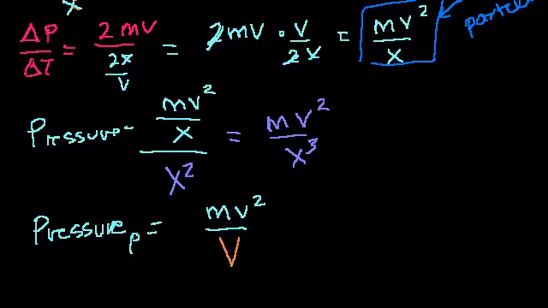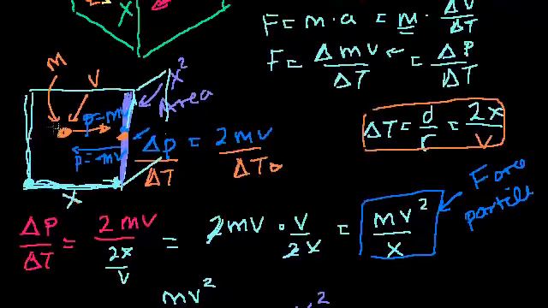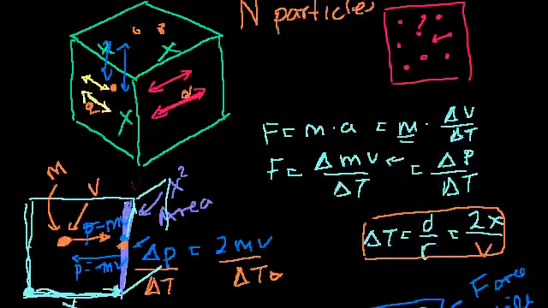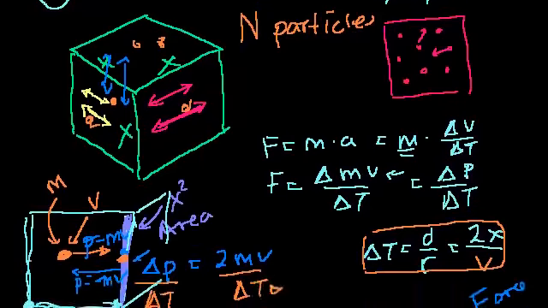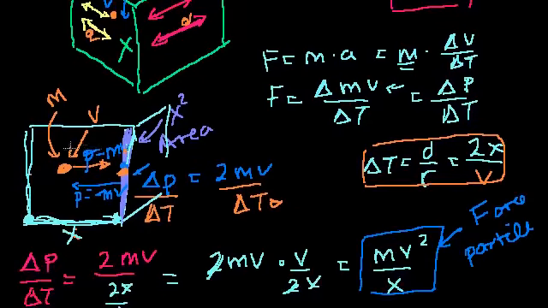So this is one particle on this wall, right? Now, of all the particles, we have n particles in our cube. What fraction of them are going to be bouncing off of this wall, doing the exact same thing as this particle? Well, I just said 1/3 are going to be going in this direction, 1/3 are going to be going up and down, and 1/3 are going to be going in and out.